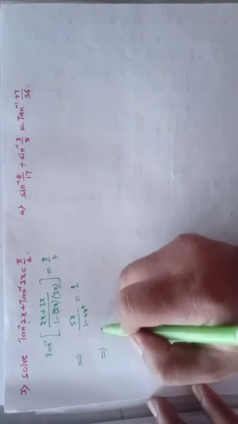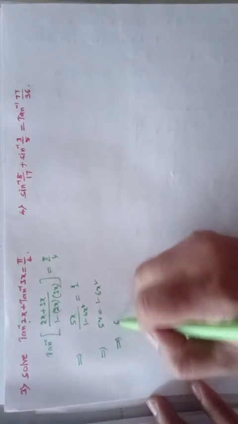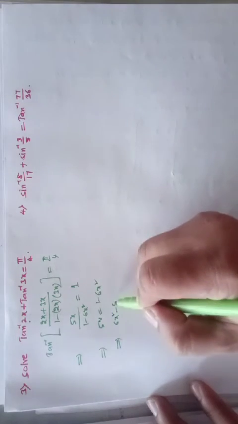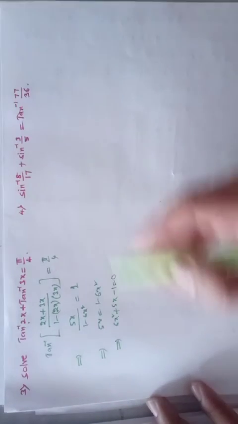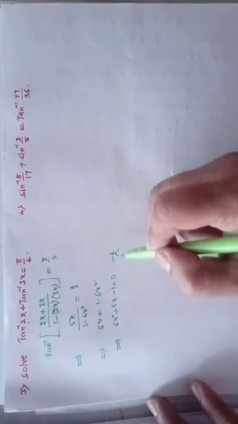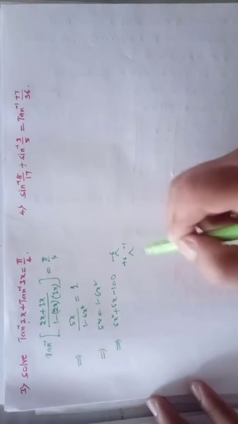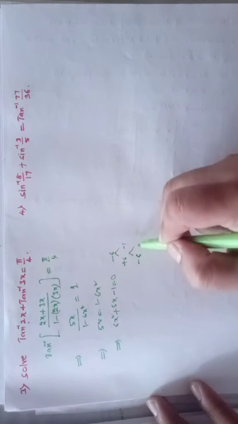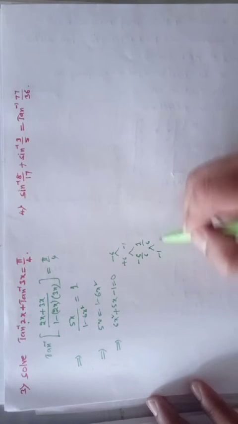Then 5x is equal to 1 minus 6x square. So 6x square plus 5x minus 1 is equal to 0. So what will you get as the roots? Roots are going to be minus 5 plus or minus 7 divided by 12, which is nothing but minus 1 and 1 by 6.